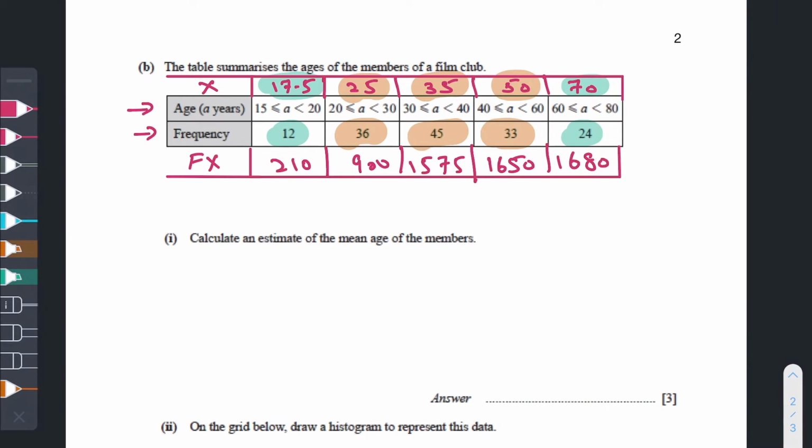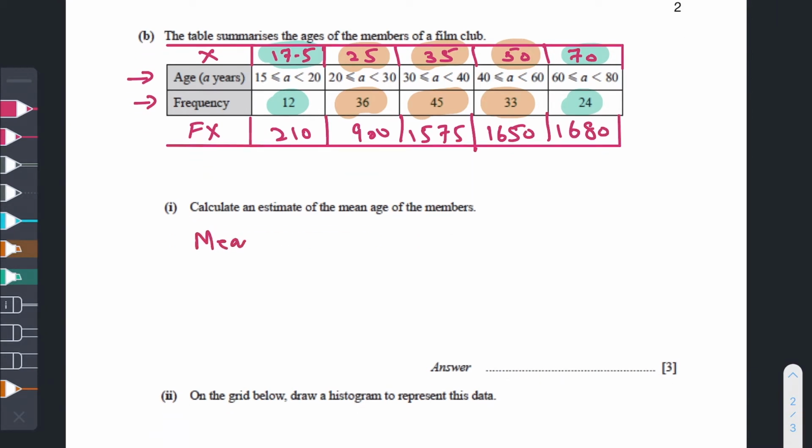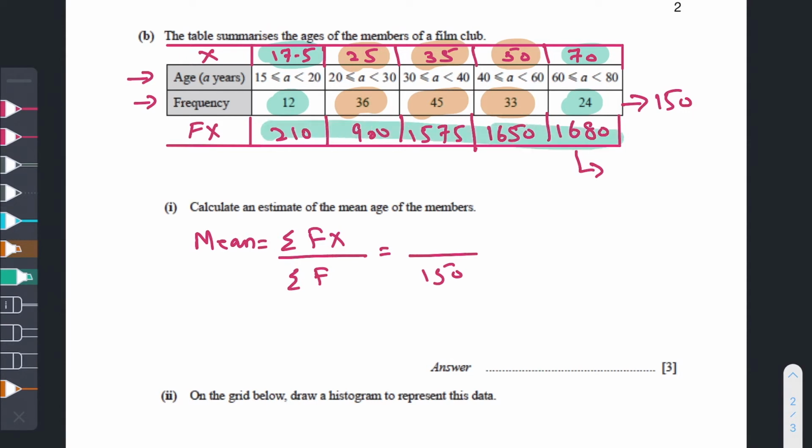Okay. Now, in order to find the mean, the formula that you use is the sum of all the frequencies multiplied with x's divided by the total frequency. The total frequency can be found by adding all these values. When you add all of these values, you get 150. That's the total frequency. And the sum of fx can be found by adding all these values that we have over here.